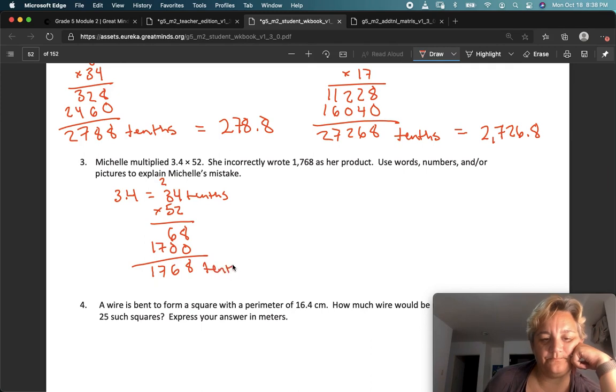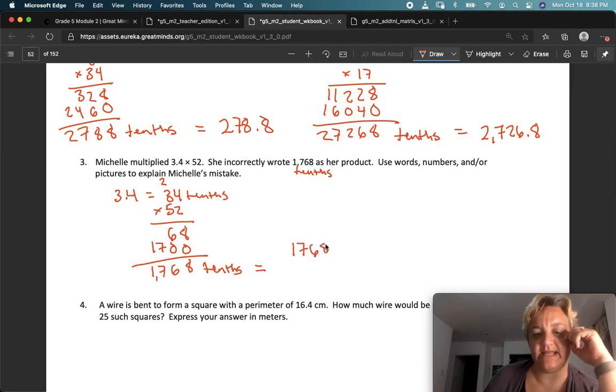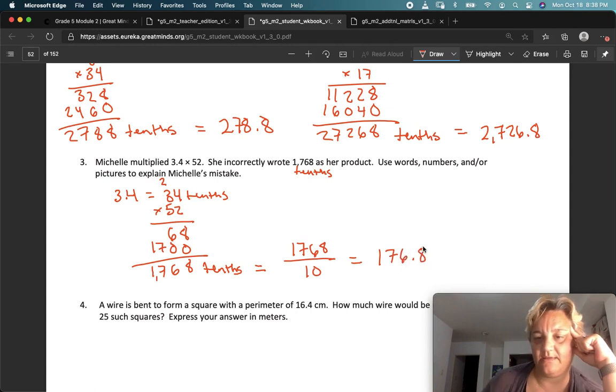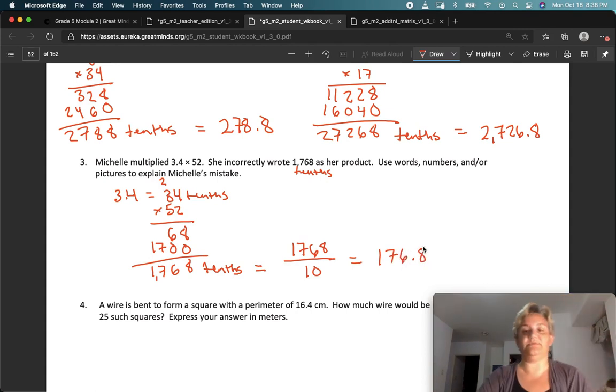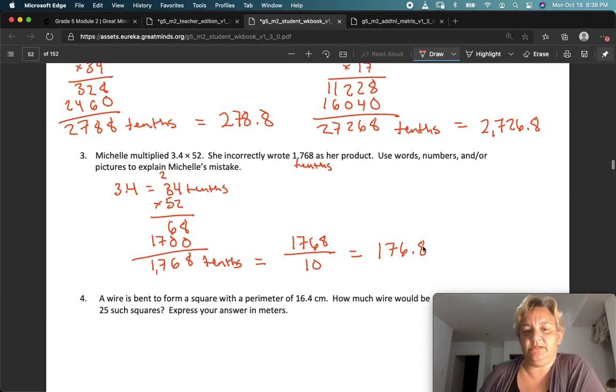Well, there's the number, but this is tenths, right? So she forgot to put that decimal back in. She forgot to move it back into standard form. So what she should have done is taken that 1,768 and divided it by 10, right, tenths, and gotten 176.8. Okay? And you can use that, explain with words, numbers, pictures. All right?